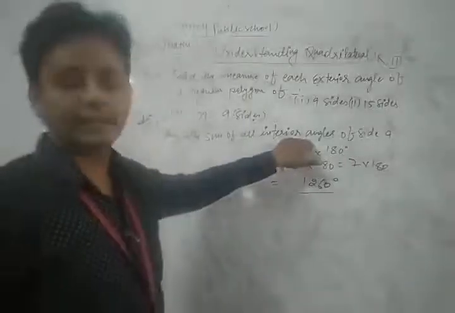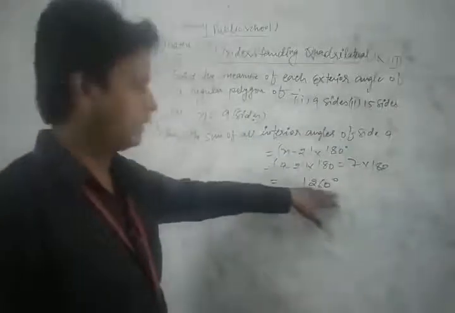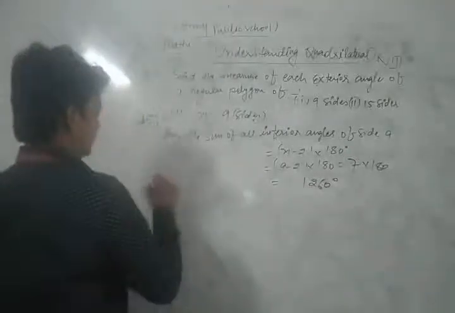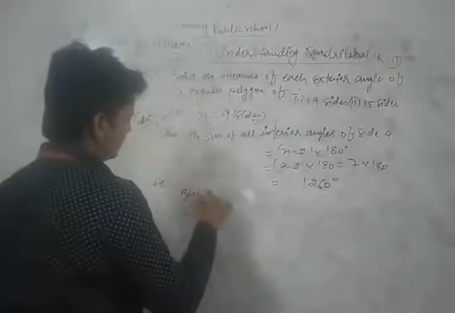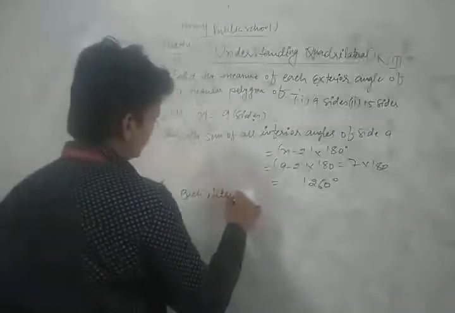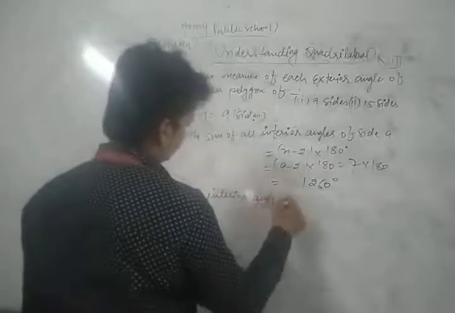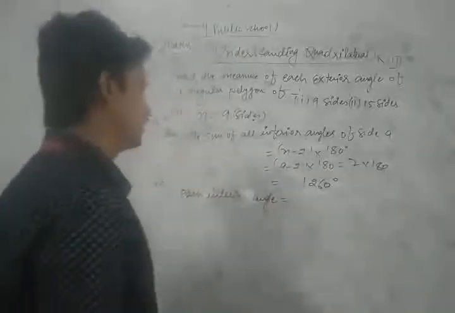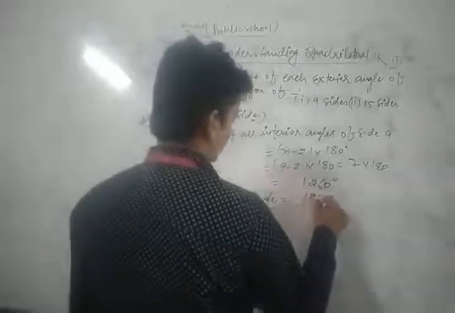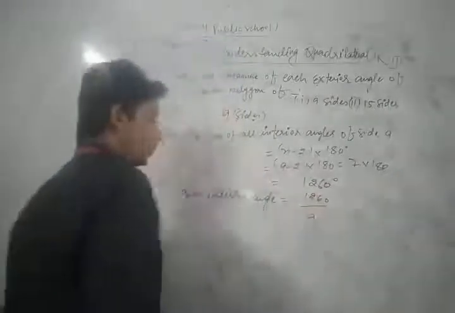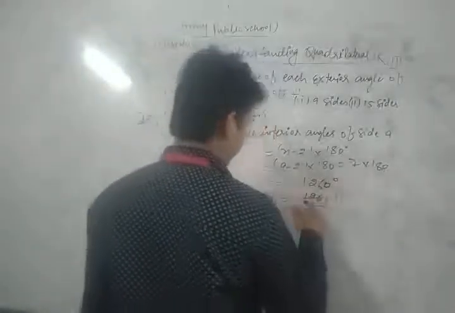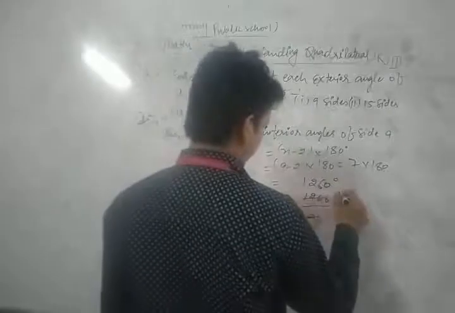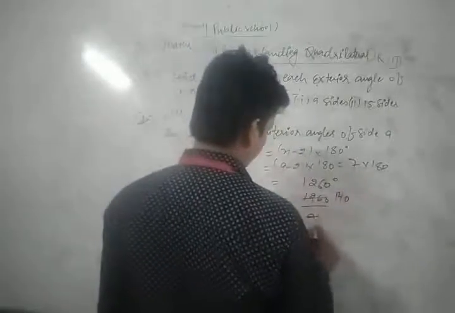In this way we find the sum of the interior angles for 9 sides. Each interior angle is 1260 divided by the number of sides, which is 9. Nine fours are 36, so we get 140 degrees.